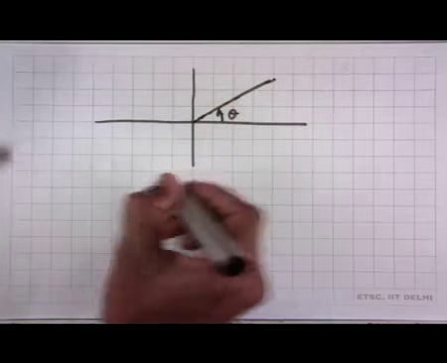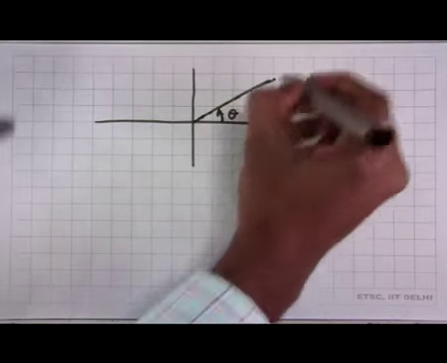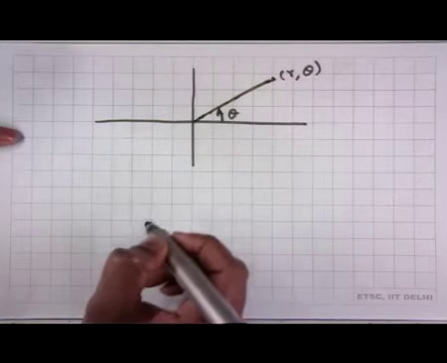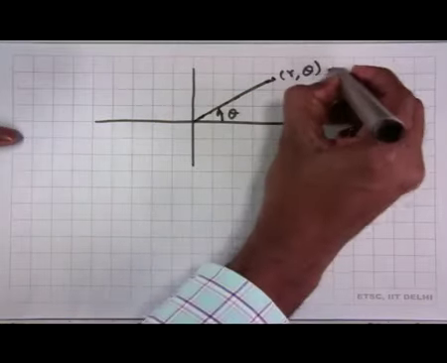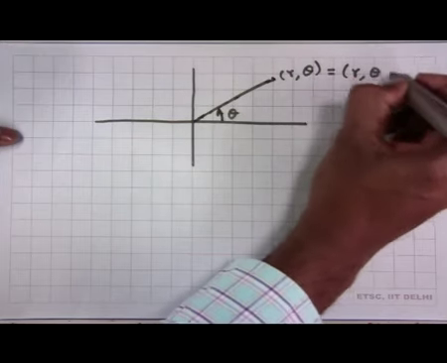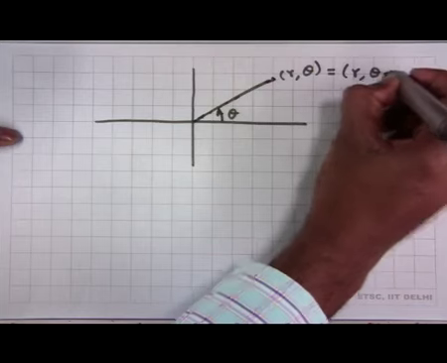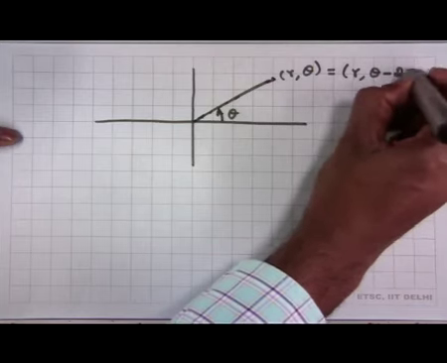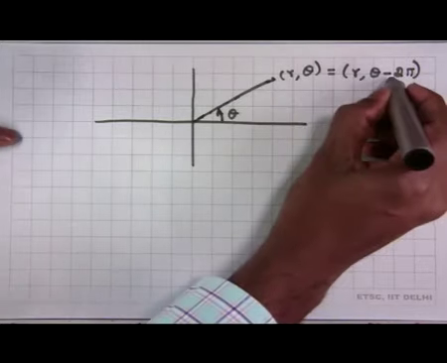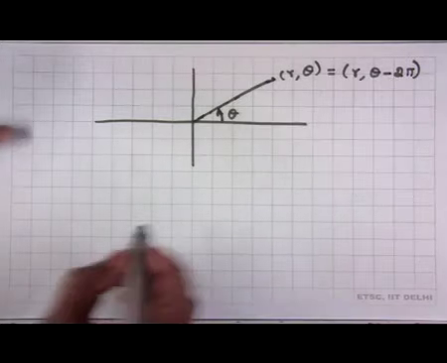This is (r, theta) in the polar coordinate system, and we are saying this is the same as (r, theta minus 2 pi), considering the negative value of k, that is k as minus 1.